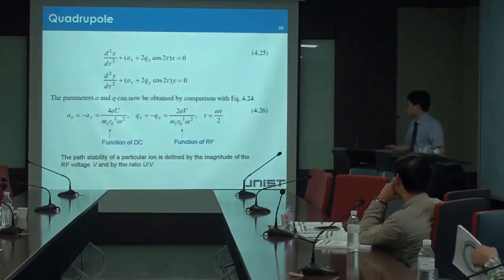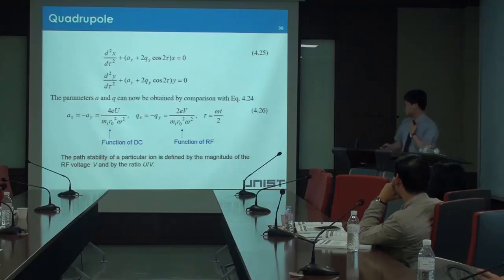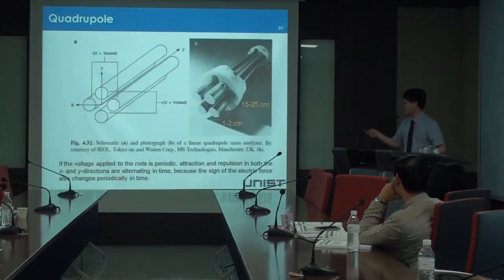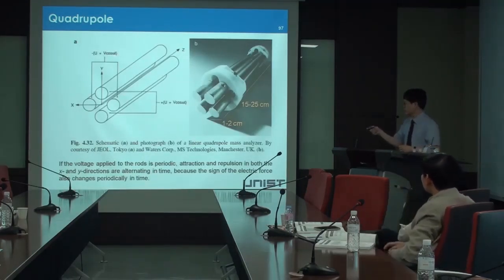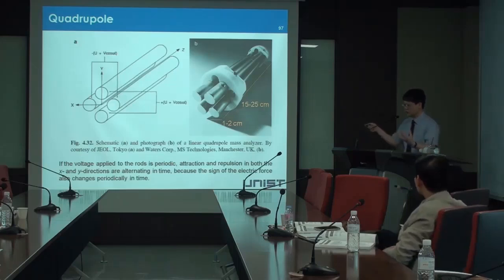So this is the quadrupole principle equation, also DC and RF. You don't need to understand this equation. Just think there is some change of electric signal and the ions can move in the 3D structure.